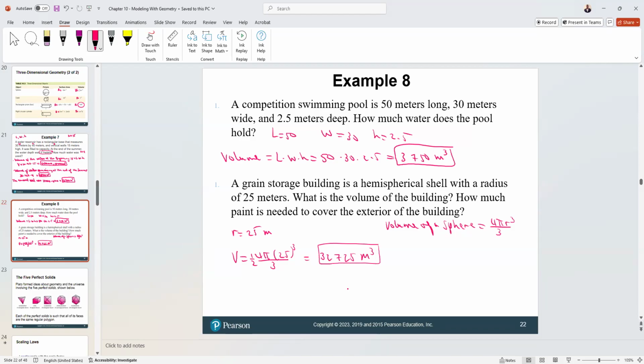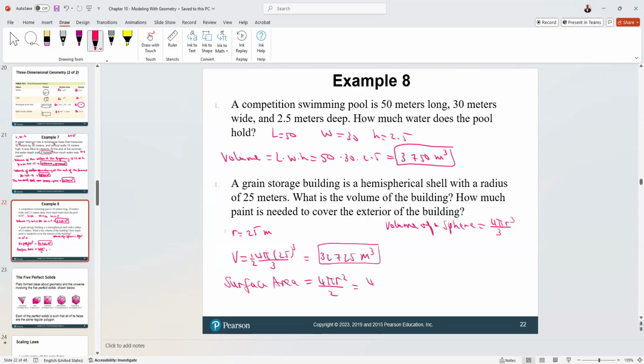And they also ask us how much paint is needed to cover the exterior of the building. So that means they want you to find the surface area. The surface area of a sphere is 4 pi r squared, but we're going to just take half of it.